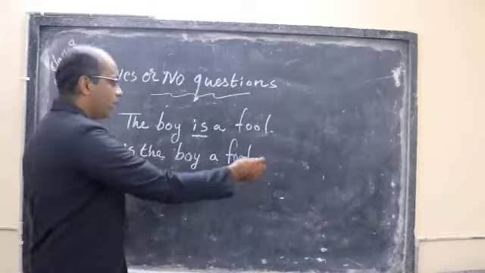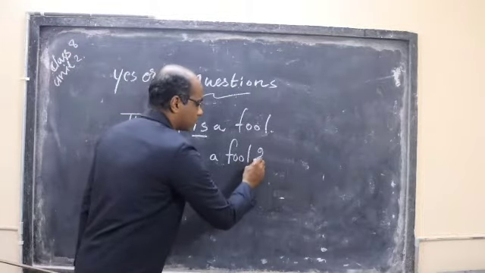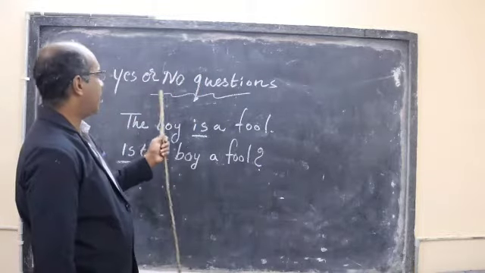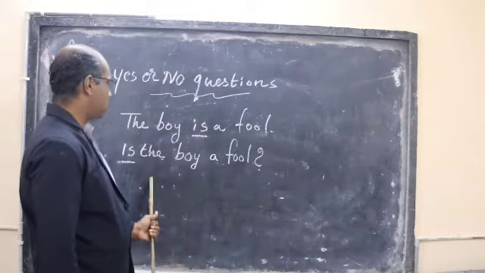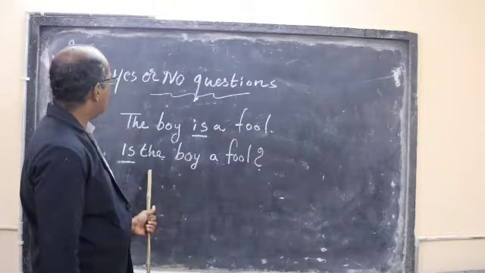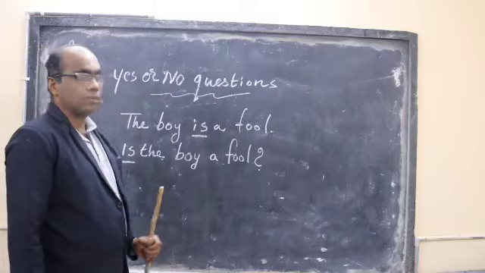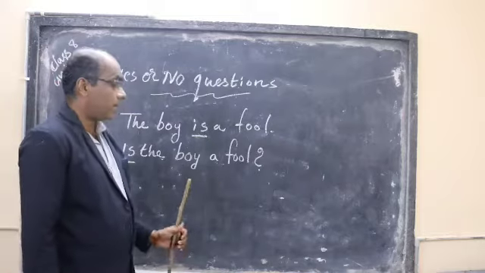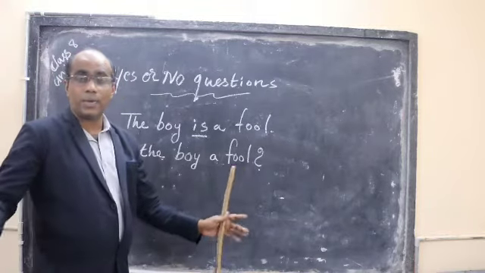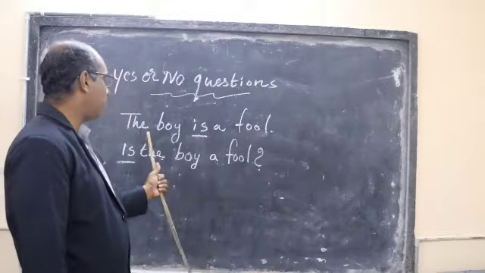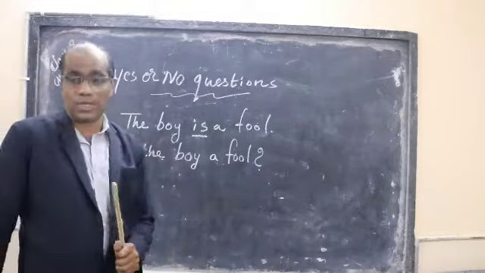Then you have to add one question mark. So it has become a yes or no question. The answer here to "Is the boy a fool?" will be yes, or you can say no. So that's the question we are forming from a statement.